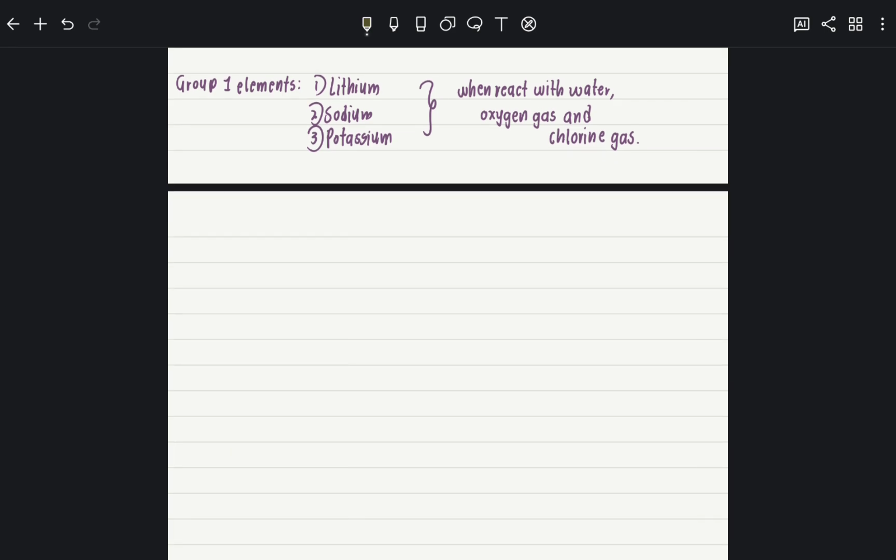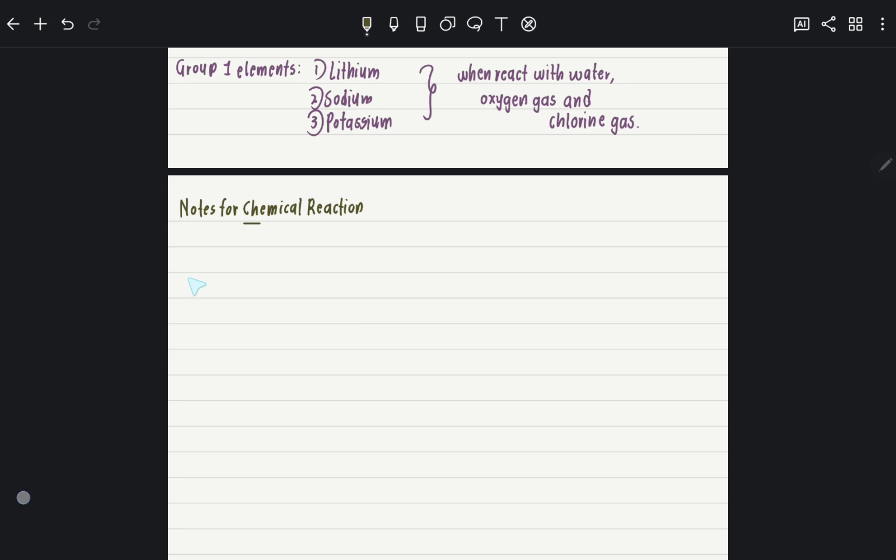Come, now my first notes, I want you to copy this one, notes for chemical reaction. When your metal, which is an alkali metal, reacts with water, what do they form?